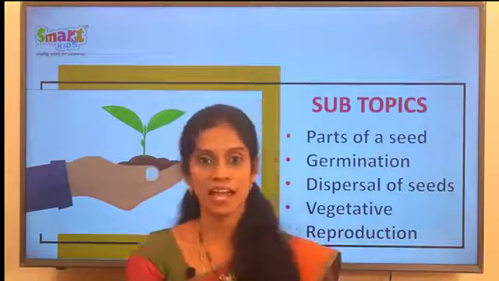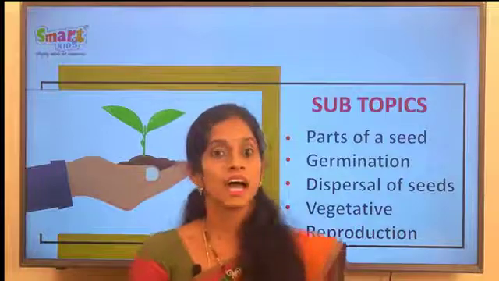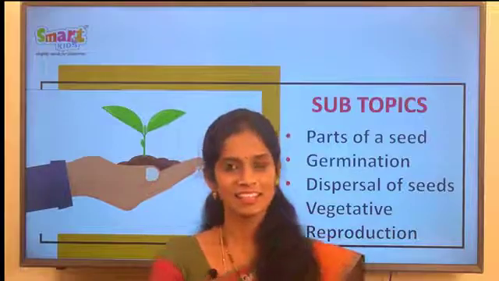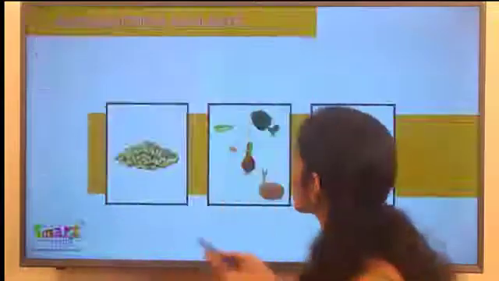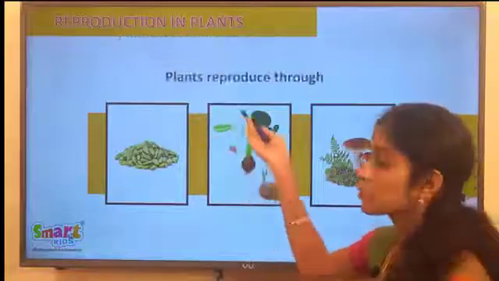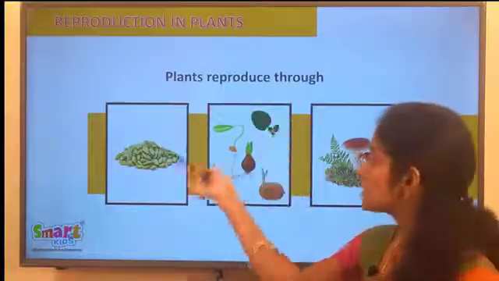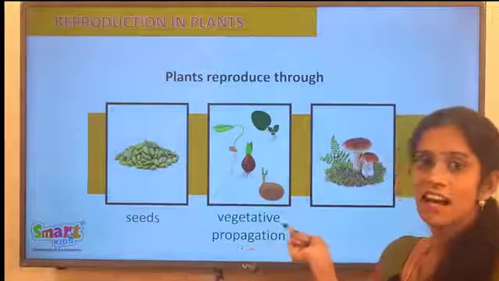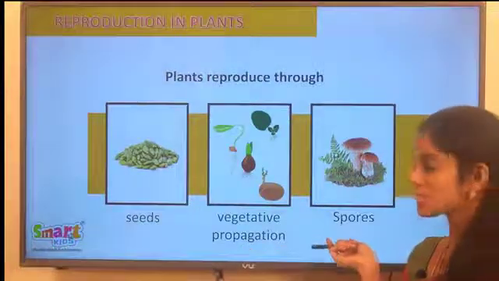Here also plants can give rise to another new plant. How can it be possible? Let us learn here. Reproduction in plants. Plants reproduce mainly through seeds, vegetative propagation and through spores.